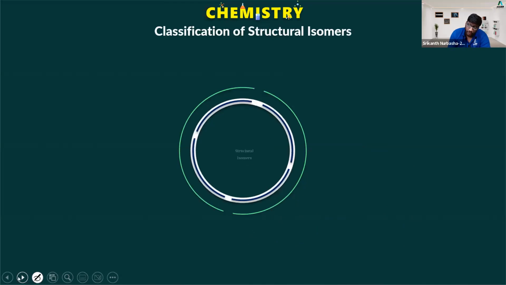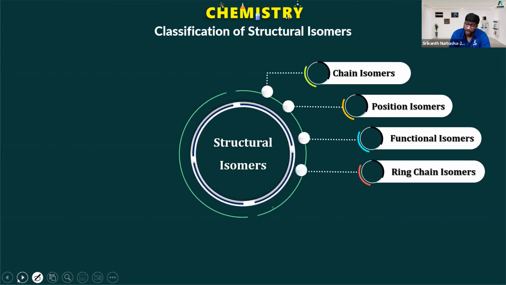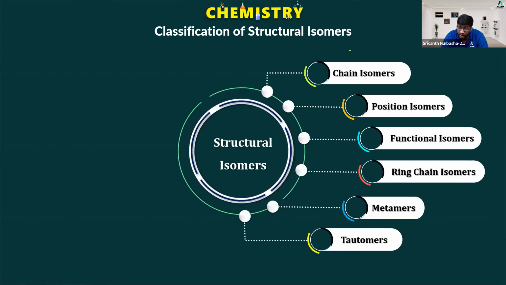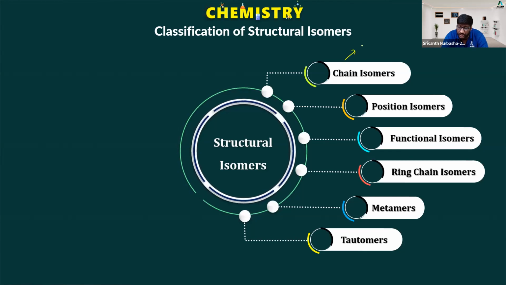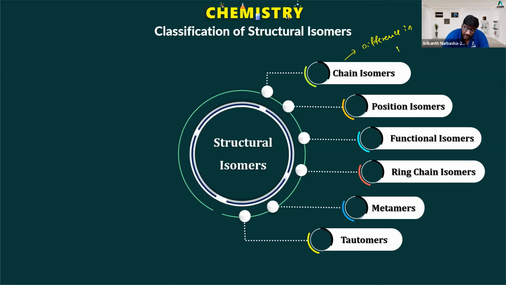Now, structural isomerism, if you look carefully, has many types: chain, position, functional group, ring chain, metamers, and tautomers. Chain isomers means a difference in the parent carbon chain.